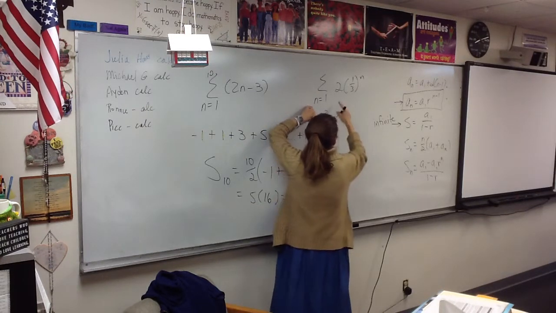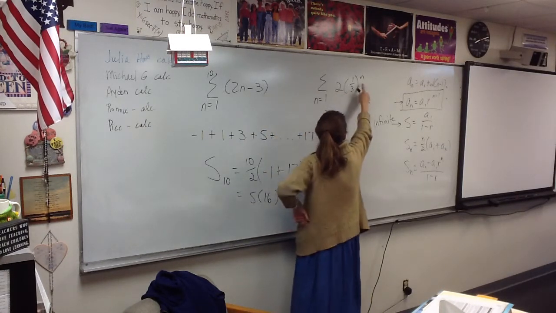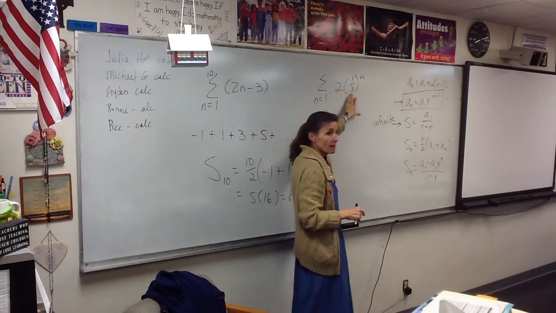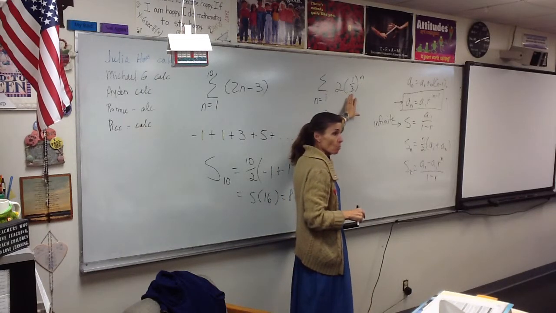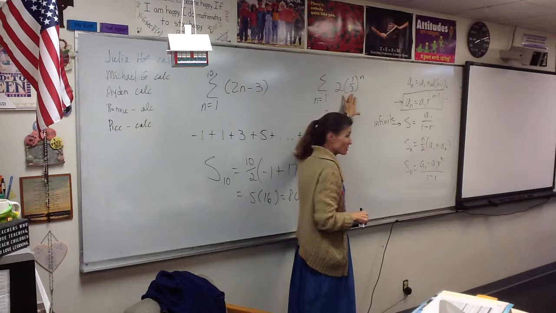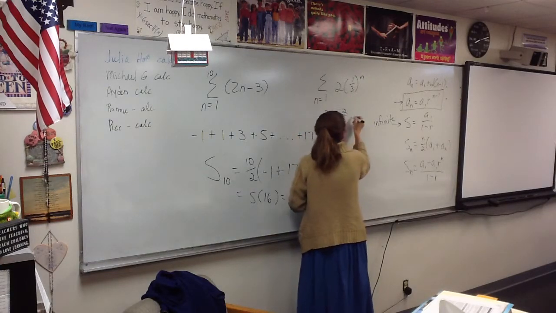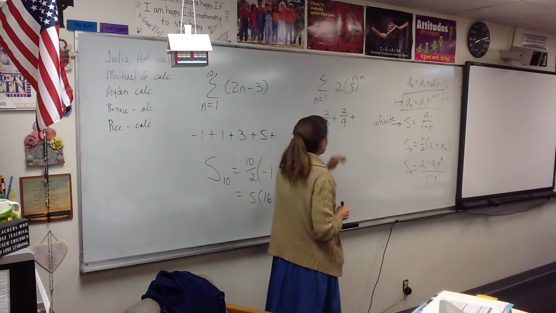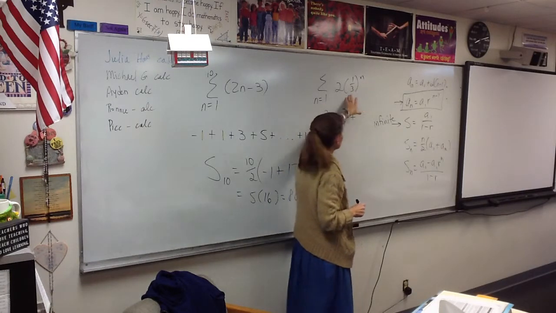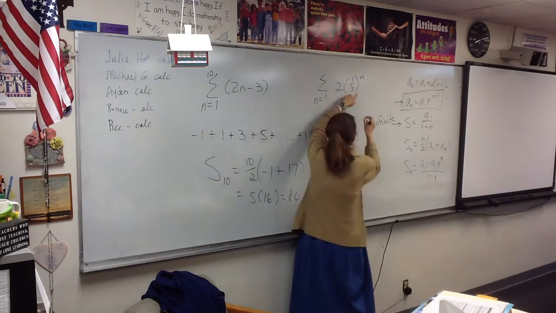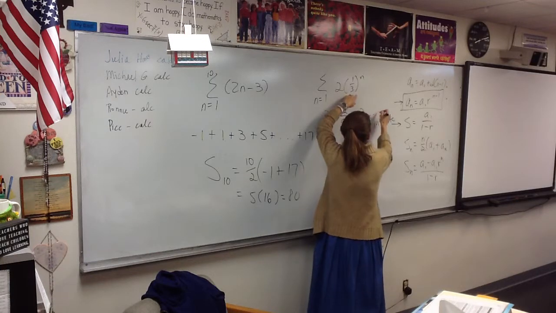Now I'm going to put in 2. Now when I put in 2, this becomes 1/9 times 2, so it would be 2/9. Now I'm going to put in 3, 2/27. Is that enough for you to see what's going on?